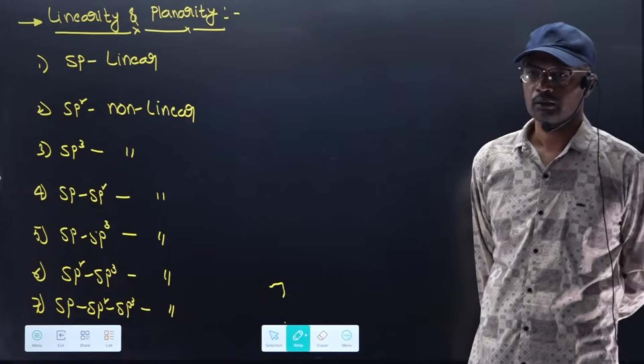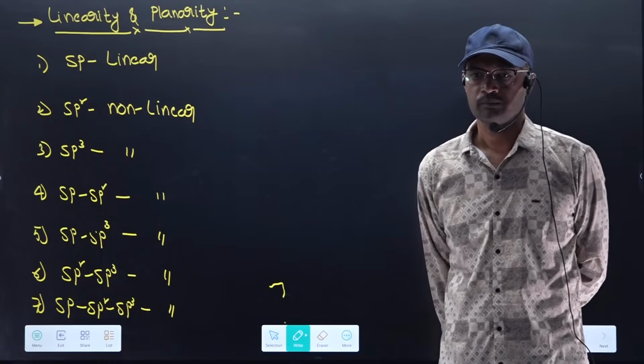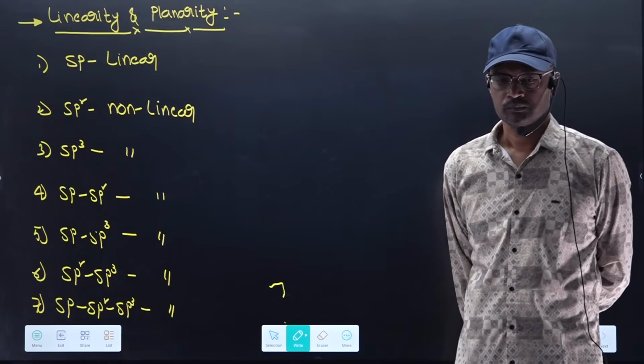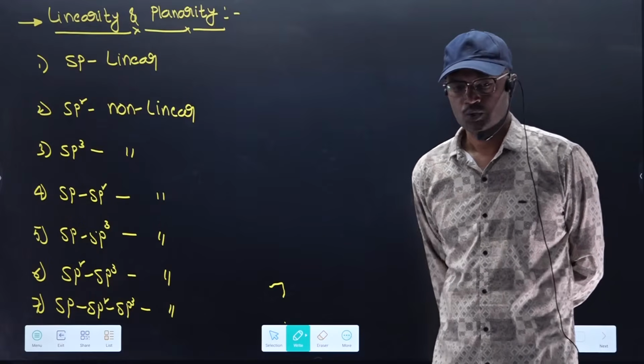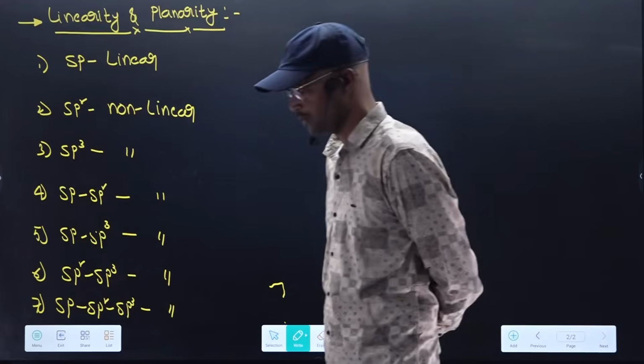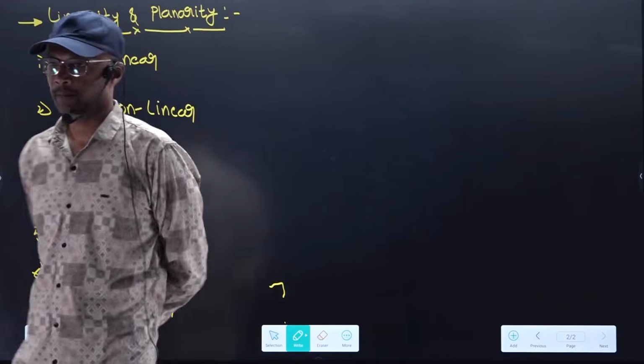Should contact surface of a plane. Should contact surface of a plane is known as planarity.